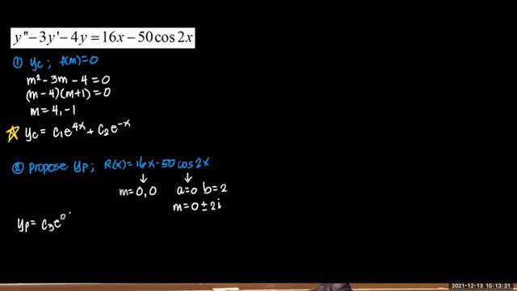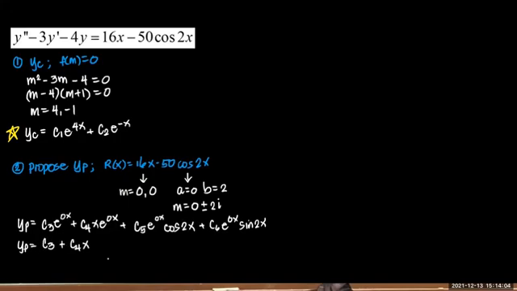C3 e to the 0x plus C4x e to the 0x plus C5 e to the 0x cosine 2x, C6 e to the 0x sine 2x. So let's fix this. I can just say this is C3, C4x, C5 cosine of 2x, C6 sine of 2x, because that's e to the 0x anyway.